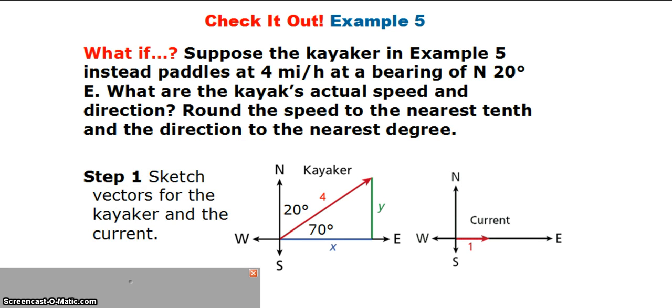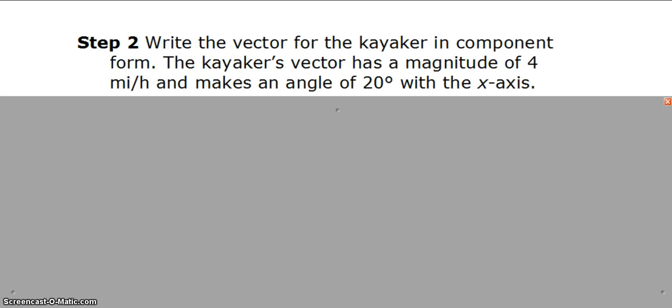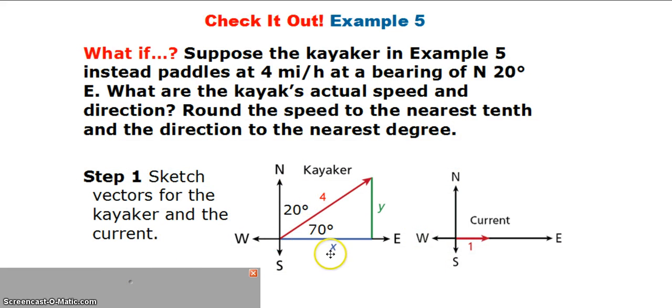So we want to write the vector in component form for the kayaker, and so let's take a look at it again. We would like to use this 70 degree angle, right? Opposite over hypotenuse would give us the y, so we need the inverse sine here, and adjacent over hypotenuse for the 70 degree angle would be the cosine, or the inverse cosine would give us x over 4.